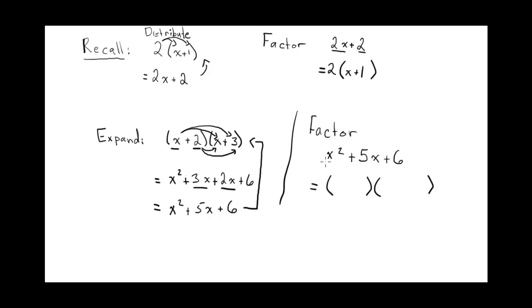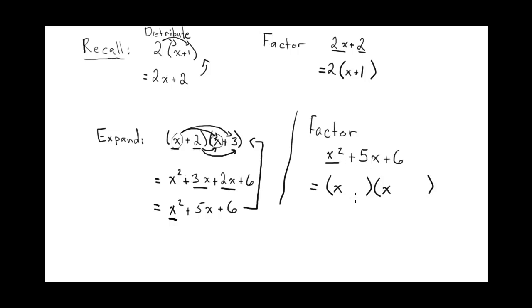The first term here is an x squared. Well, how did we get that x squared? We got this term from multiplying the x and the x. So we know that the first terms have to multiply to give us this. So the first terms are always going to be x and x, or whatever your variable is.